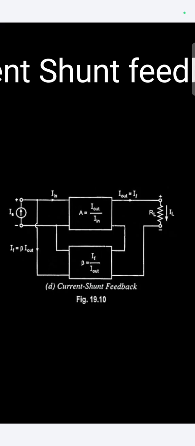Now we will reach the end of the session. So finally, what is the conclusion on feedback amplifiers? It improves the overall performance of an amplifier by feeding a part of the output back to the input.